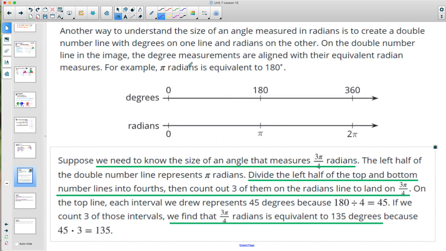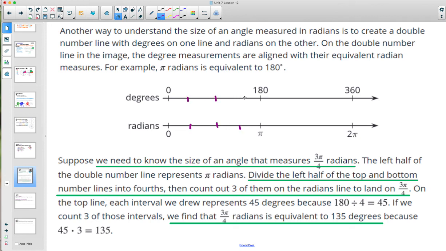We also took a look at putting them together on a number line, so thinking about dividing them into equal parts to come up with equivalent portions. So if we needed to know the size of 3 pi over 4, we could take pi, divide it into fourths, and look at 3 of them, and then do the same with 180. So if I wanted to draw this out to show you, if we cut these in half and half again, that would be fourths.